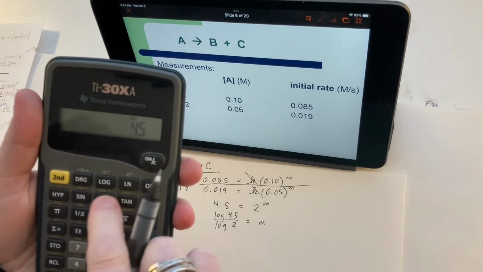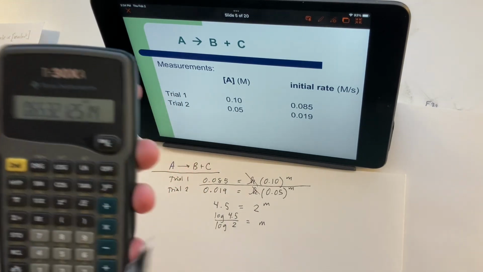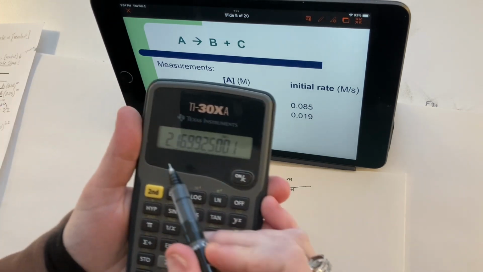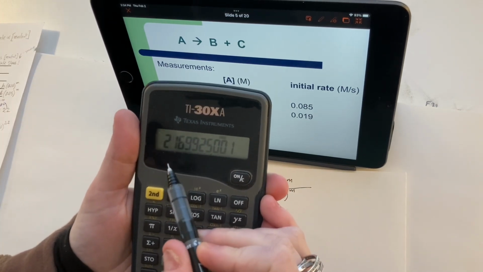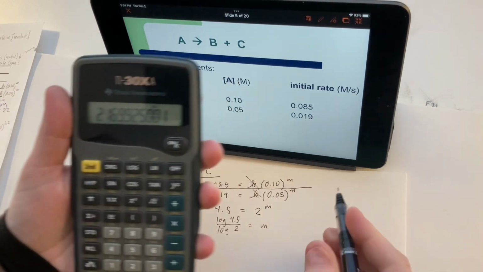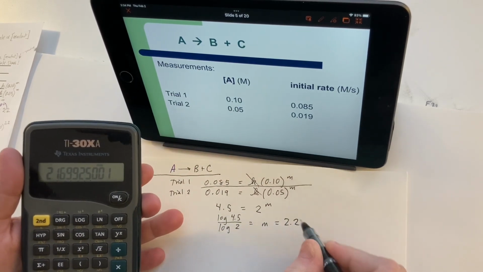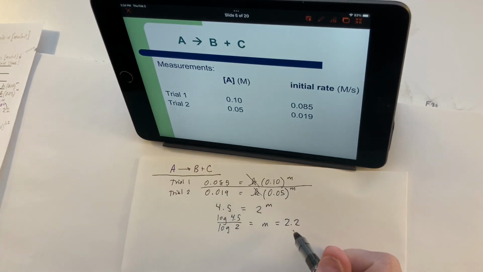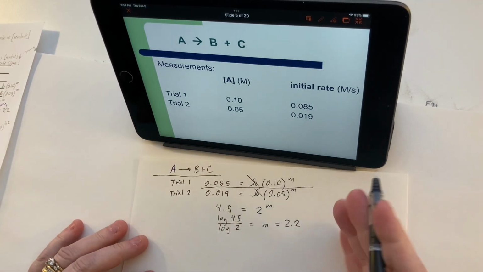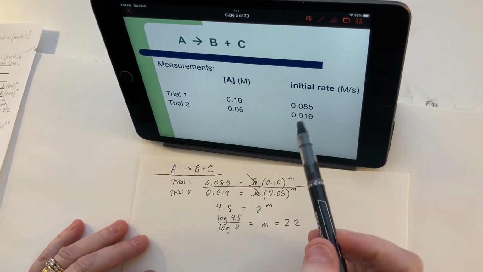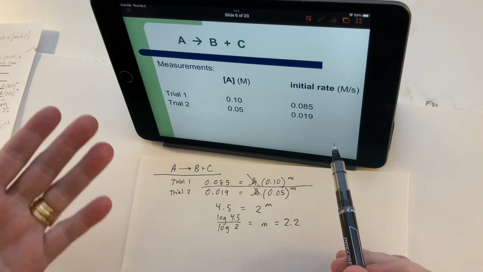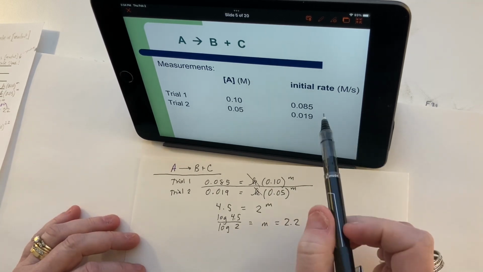Got log of 4.5 divided by log of 2, and that gives me, it's not clean. It's like a 2.2. So it's not a perfect integer. So if we were looking for an integer, we'd choose 2. We'd choose second order. So it means the data measurement has a little bit of technique error in there, or maybe there's some systematic error.